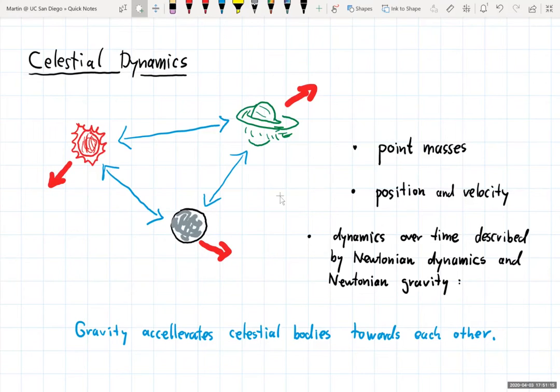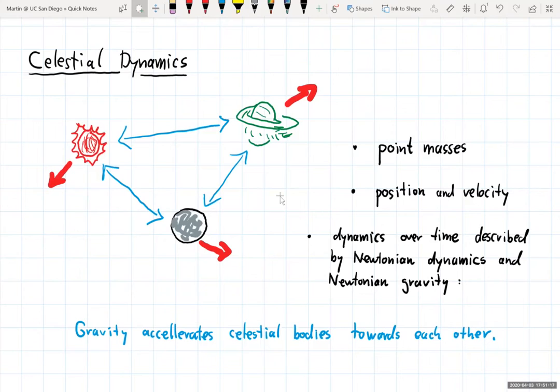Now, there are different models, of course, to describe the influence of gravitation on celestial dynamics. And the current model is the theory of relativity developed by Albert Einstein. But in this video, we take a look only at a simplified model, namely the Newtonian dynamics and the Newtonian theory of gravity. Let us briefly review the ideas of Newtonian dynamics.